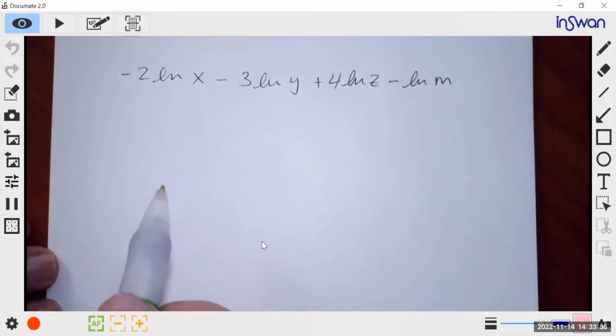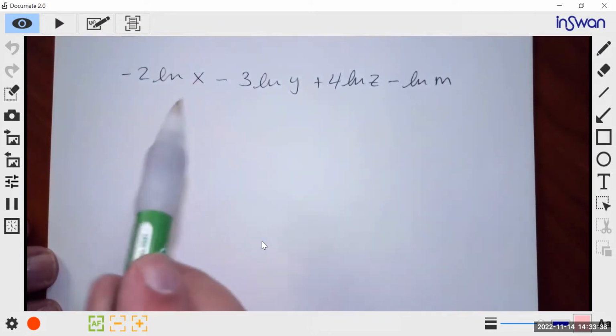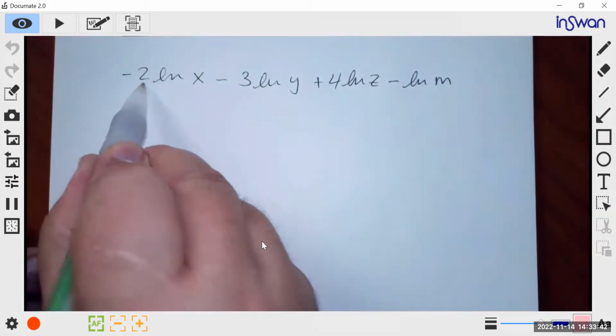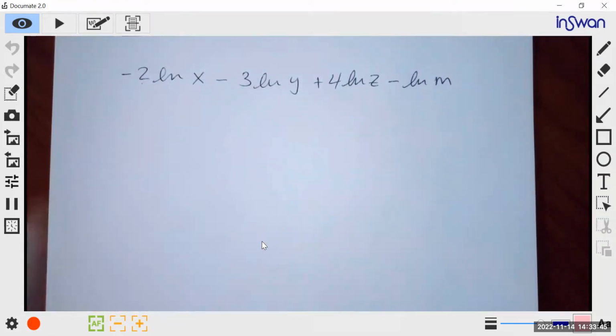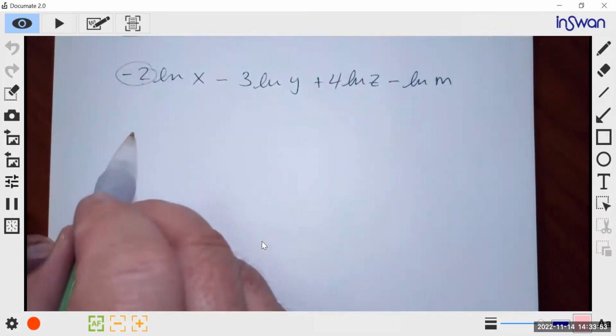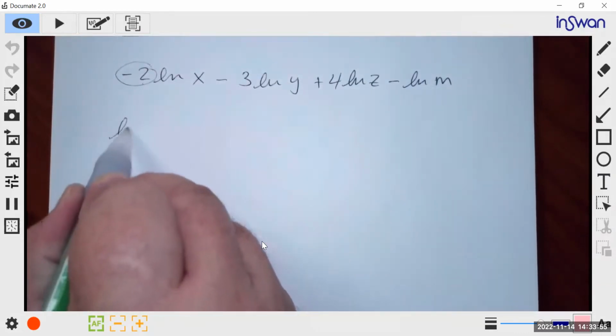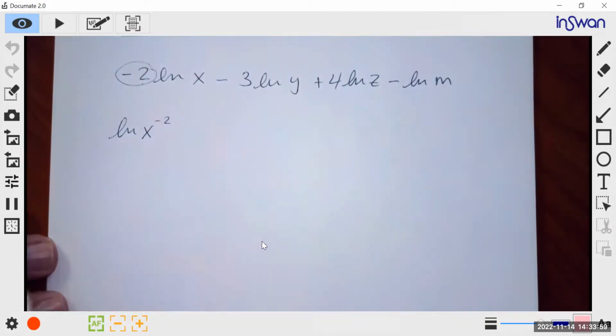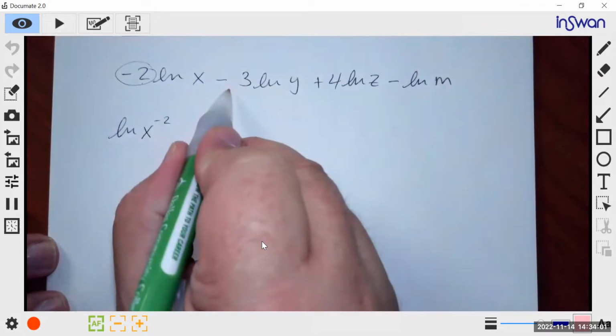They have coefficients, right? Let's look at the numbers first. Leave the signs where they are, because the signs tell us whether it's top and bottom. And I'll show you how that works in a second. So here's a -2 here, right? So if we put that as an exponent, it's a -2 there on top of the x.